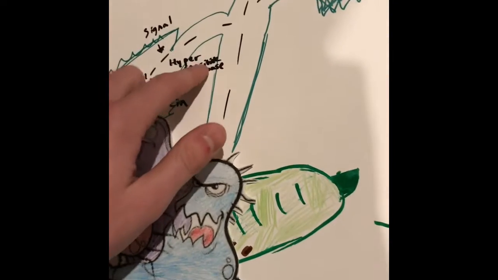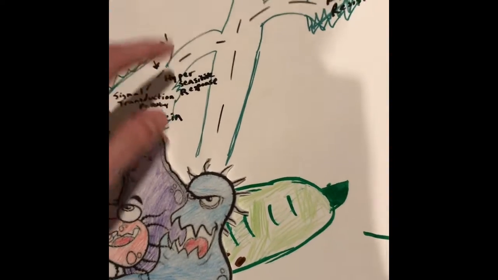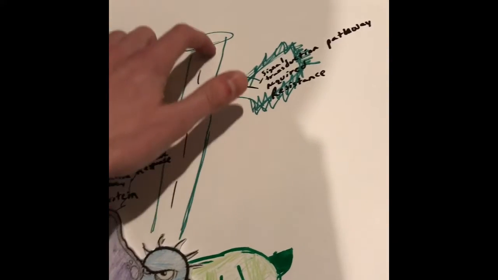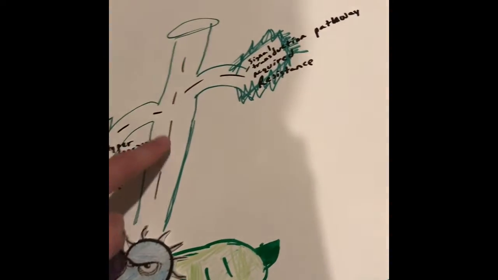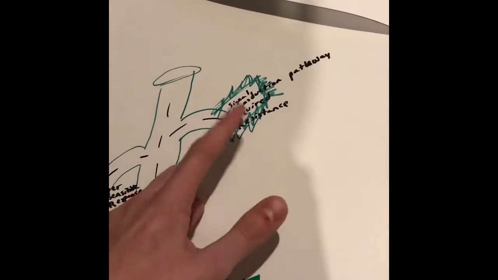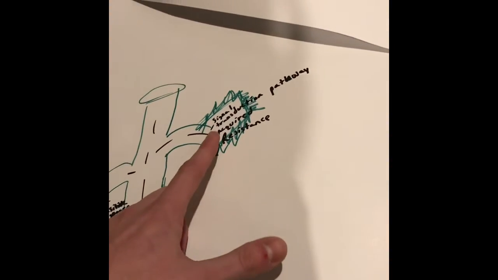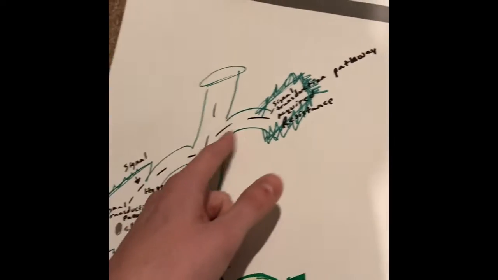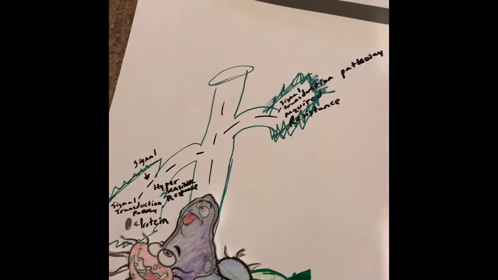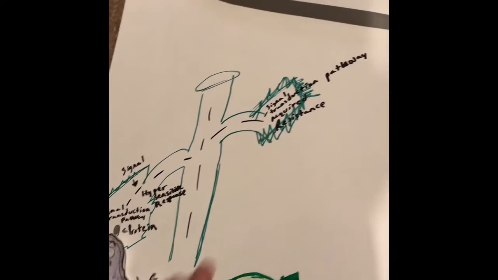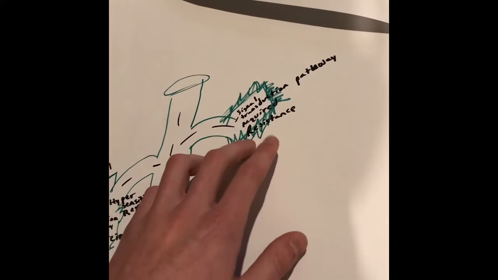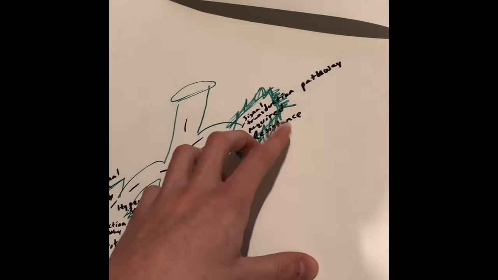From here, the hypersensitive response helps set off a signal that travels throughout the rest of the plant. Now, this is the other leaf. In this leaf, it will receive this signal and know that a potential pathogen has entered the plant. This signal will help set off the acquired resistance.